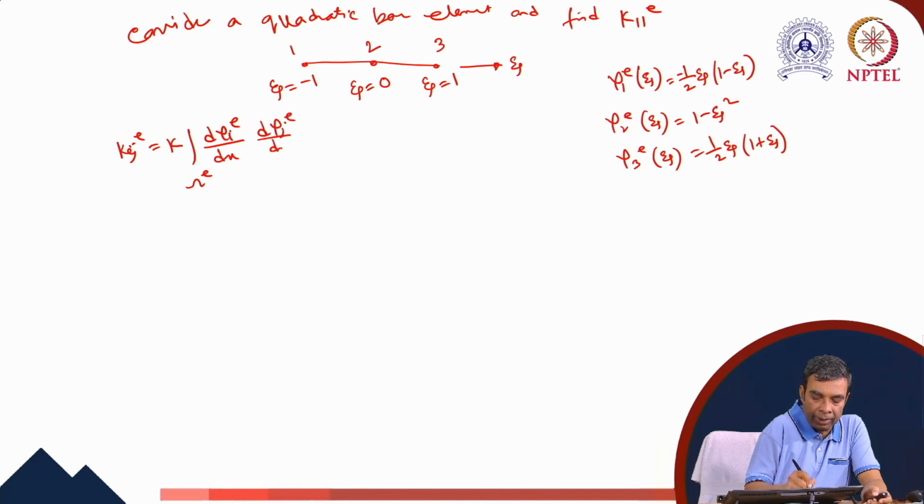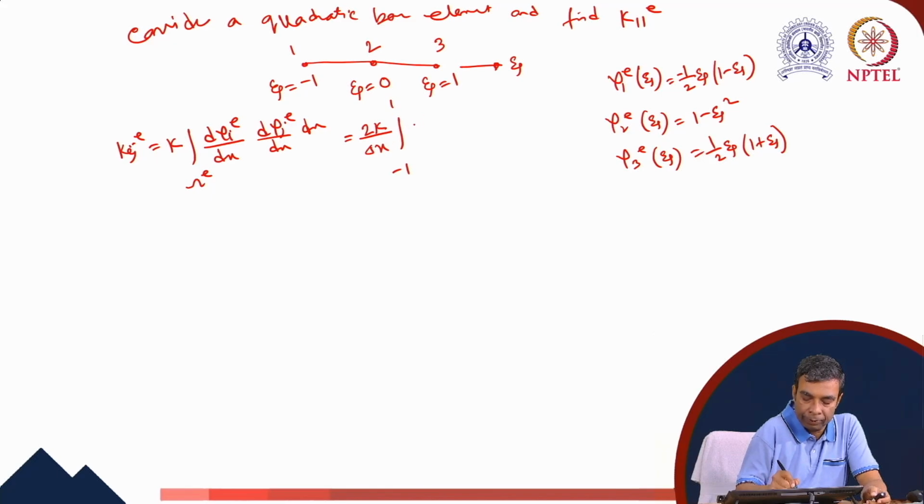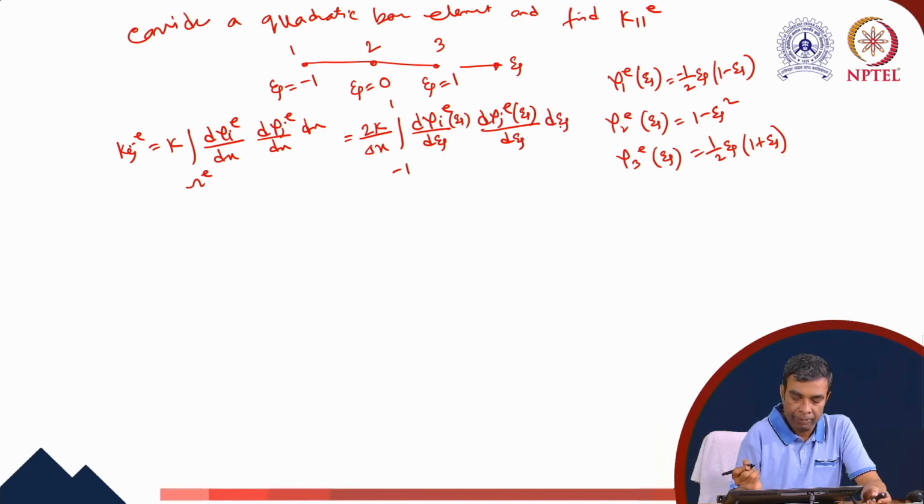Now, our expression for Kije was k into integration over omega e of d psi ie/dx d psi je/dx dx, which we have already shown comes as 2k by delta x integration from minus 1 to 1 of d psi ie/d xi d psi je/d xi d xi.